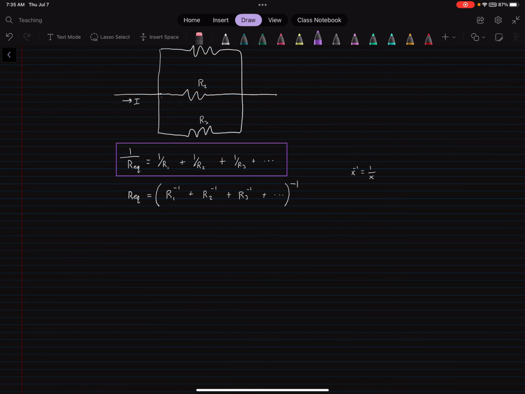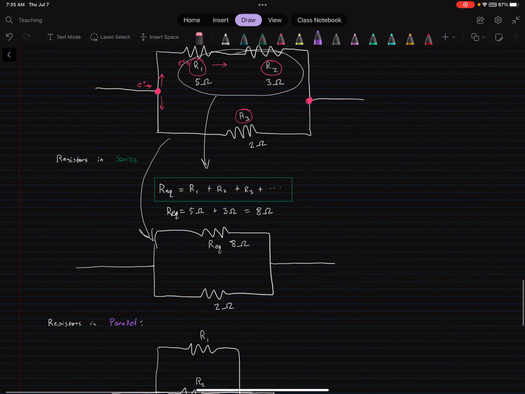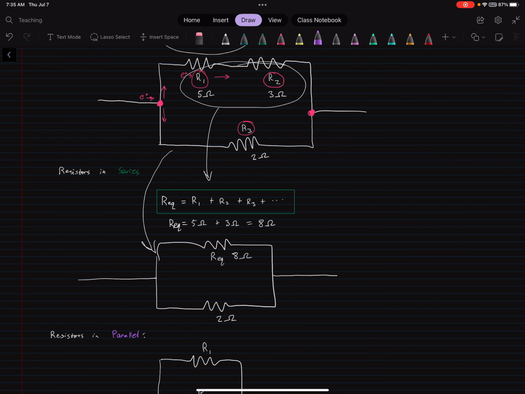One statement that I want to make about how resistors in series add, go back up here, is, and it seems kind of obvious to say so, but for resistors in series, R equivalent is greater than any R individual, or I'll say Ri, right?